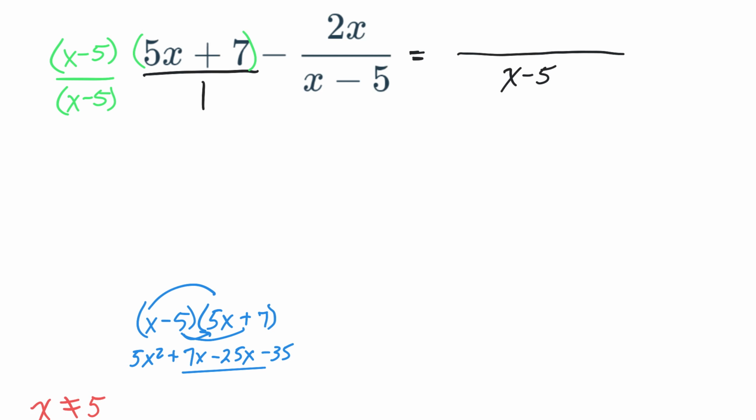So my numerator becomes 5x squared. Let's do this in a different color. Green, I think, is what I stuck to. I wrote it in blue down there, but minus 2x.